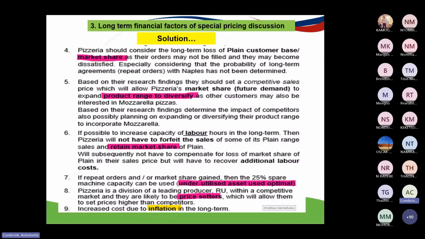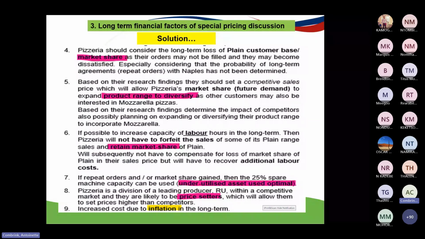So maybe going forward, I can utilize the machine better. Then we can always remember it seems like they are price setters. So in a question, also look at the scenario. Do you think this company is a price setter, or do you think they are a price taker?